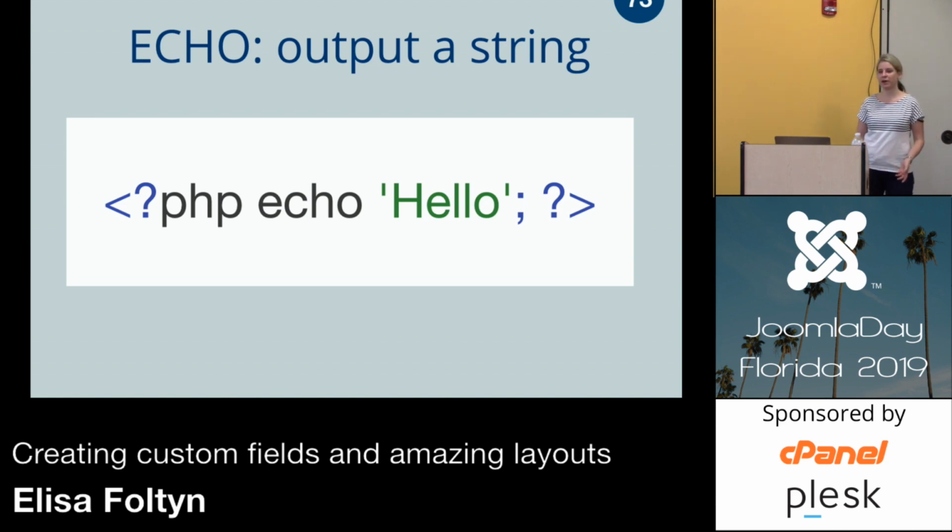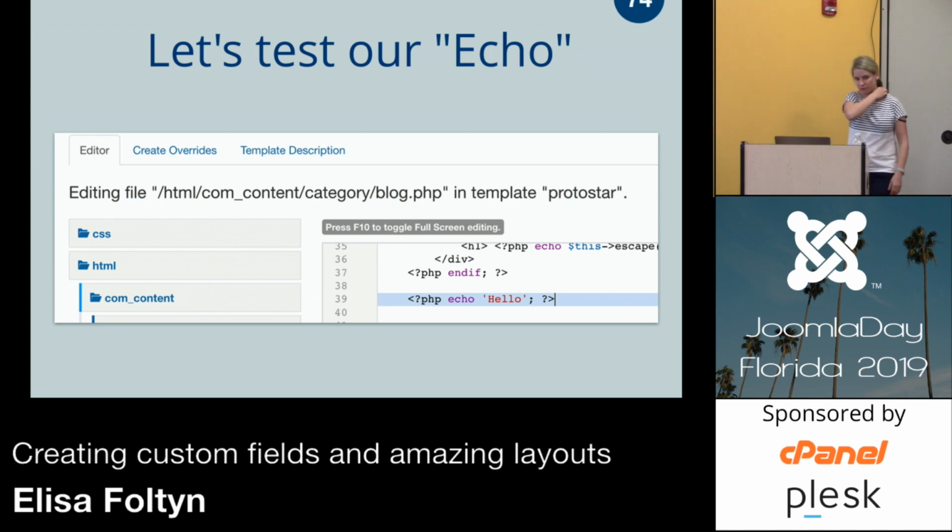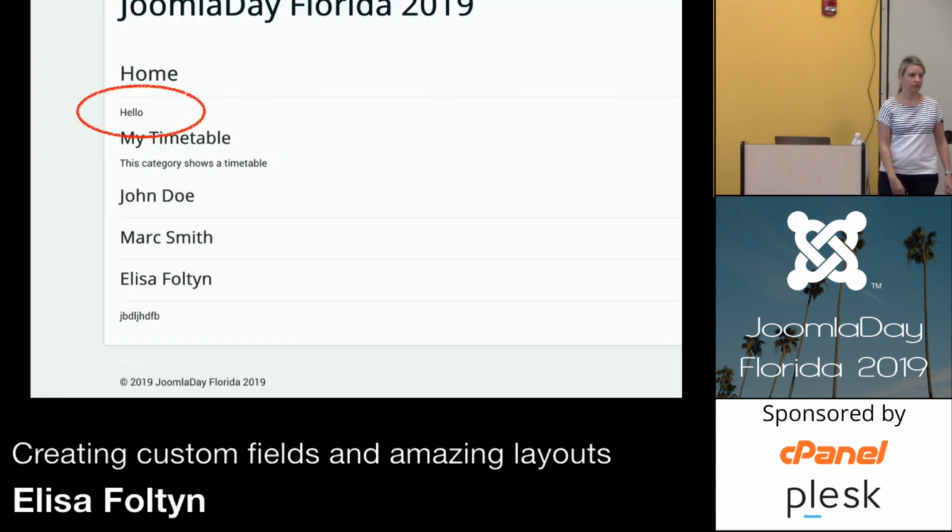It outputs a string with the value. So if I just play with it, have a local installation or whatever, open your override and just write in your override echo hello. Like that. What will happen? My timetable says hello. Okay.